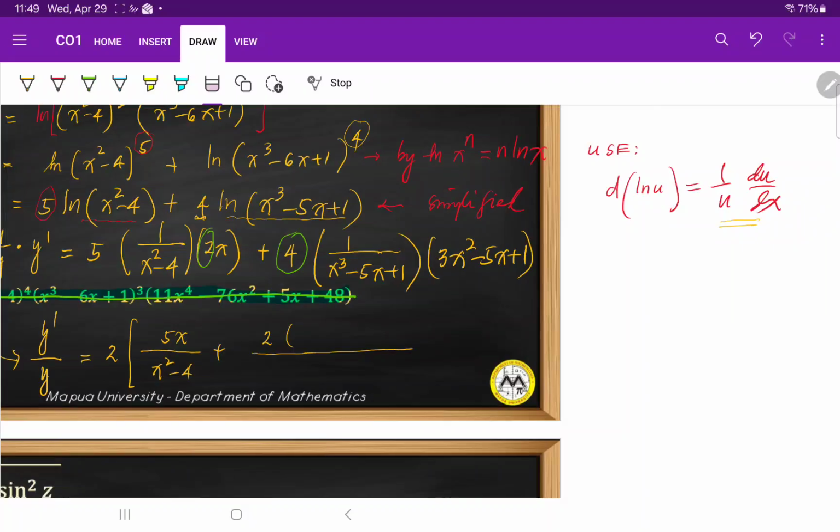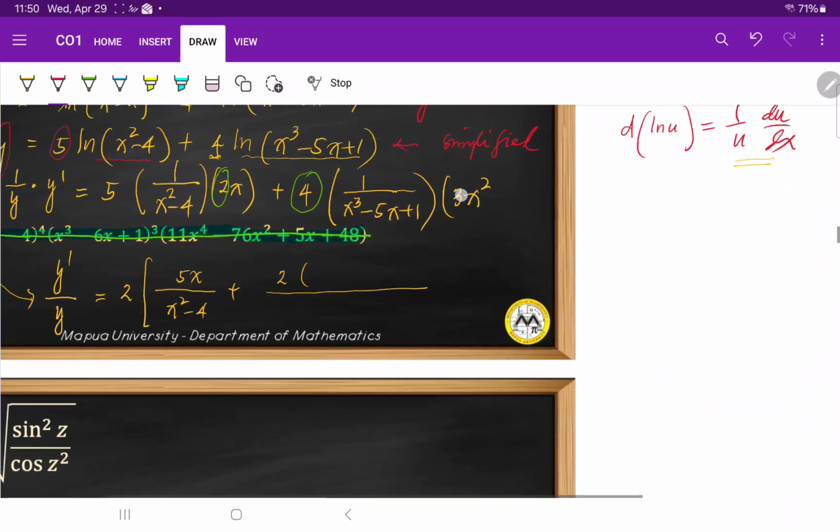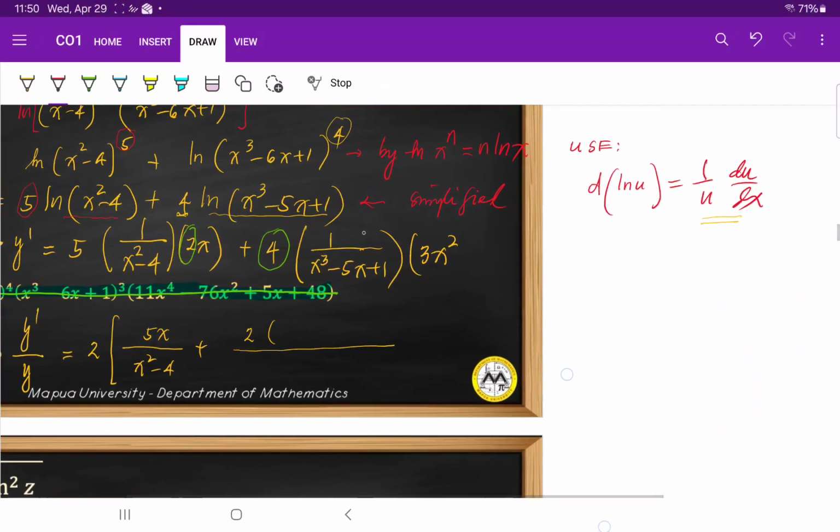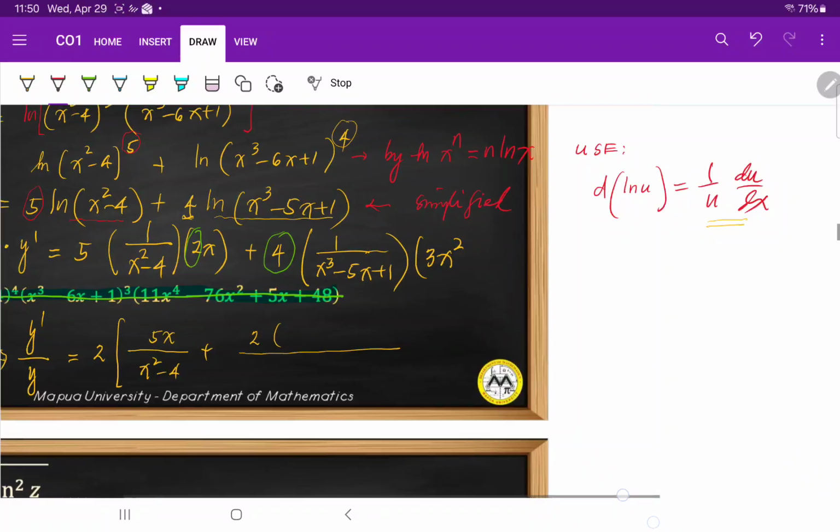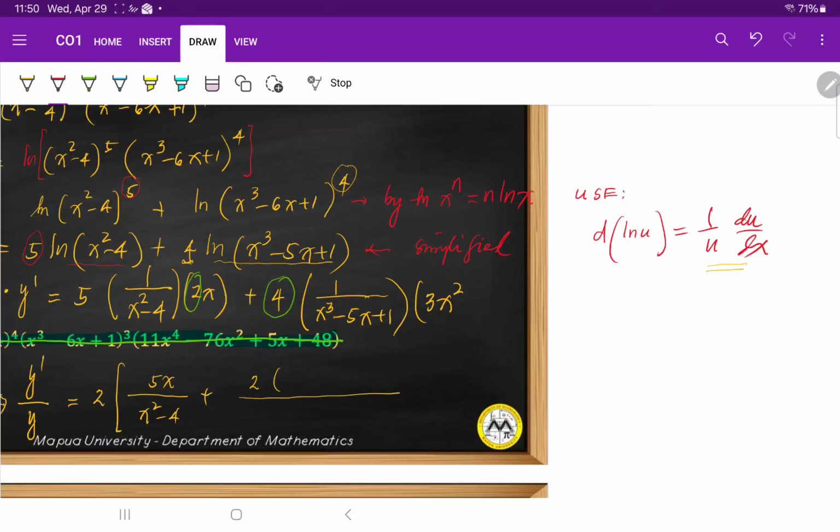We got something wrong with this one. This should be, I copied the other form. So this should be 3x squared minus what? 3x squared, so 1 over x cubed minus 5x plus 1. So it's 3x squared, or it should be 6x. Oh, there's something wrong here too. I copied the wrong problem.